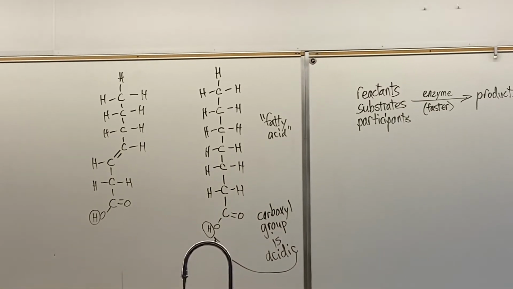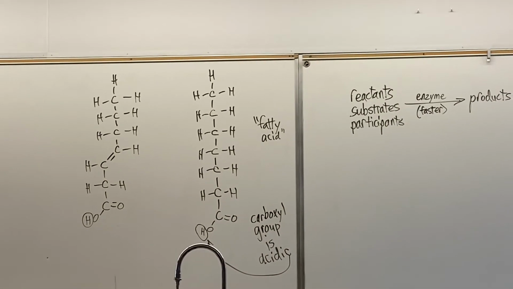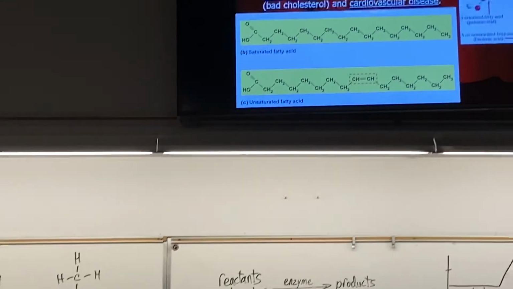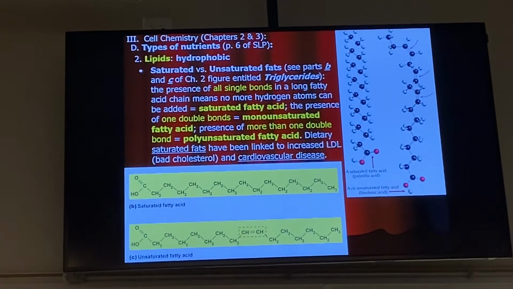Otherwise, there's going to be 5 lines out of those C's. Are you tracking me? If you take a double bond in here, you got to take 2 hydrogens off.